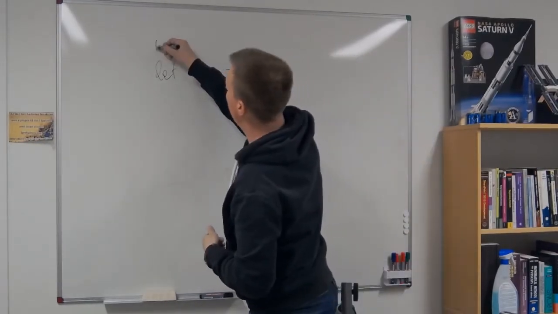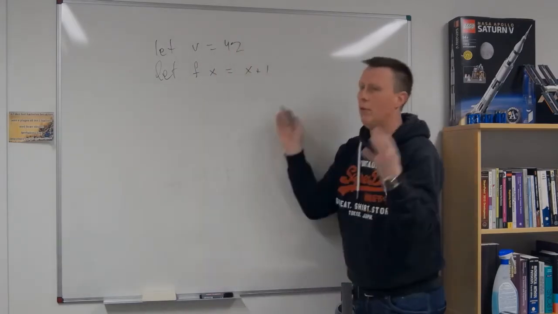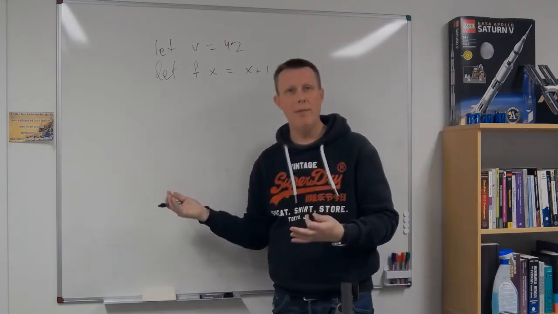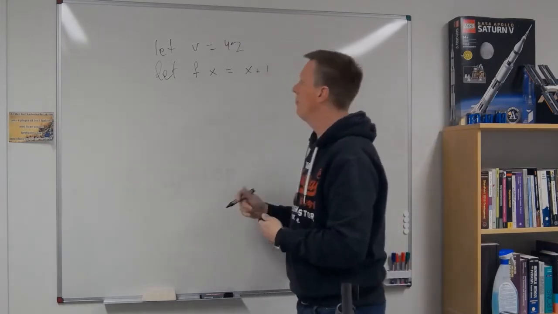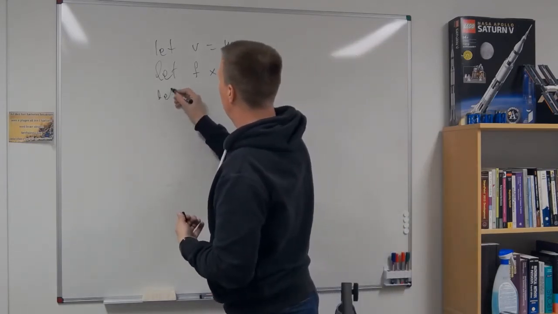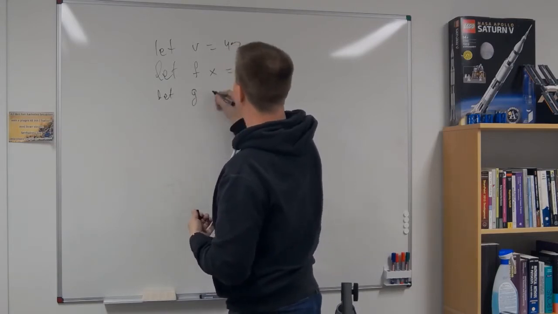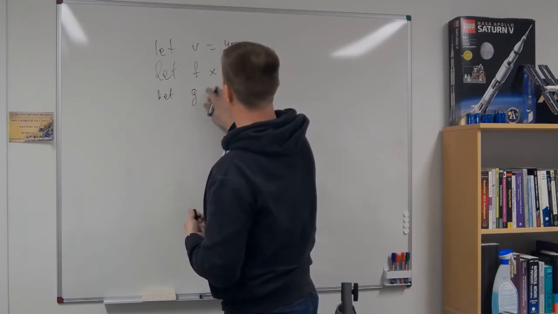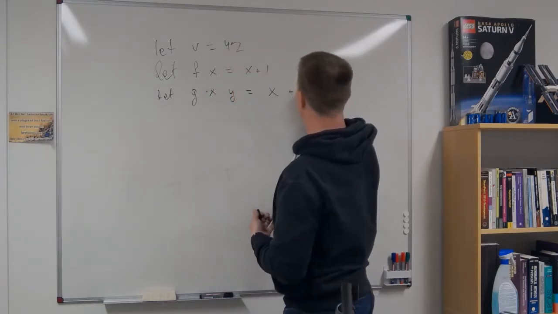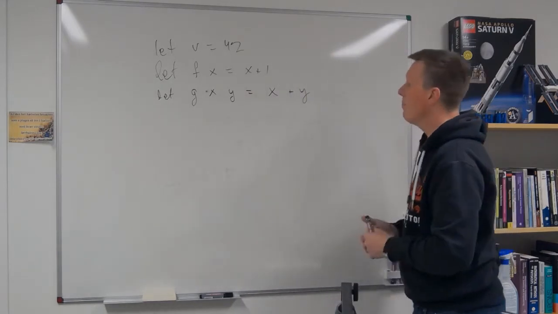We can define a value in F sharp by saying let v equals 42. Then we just say that the v is now 42 from this point on and forever, and it can never change. So in order to define a function of two variables, let's call it g, we can say let g x y equals x plus y, for example, to make a really simple addition function.